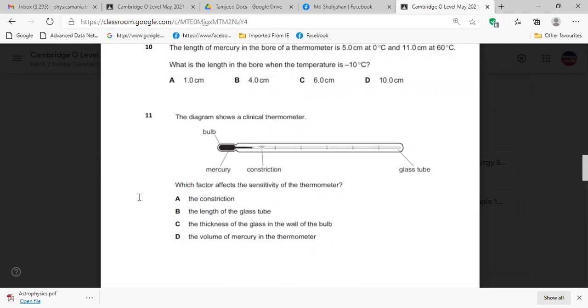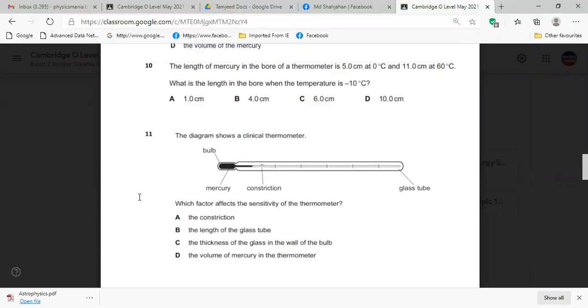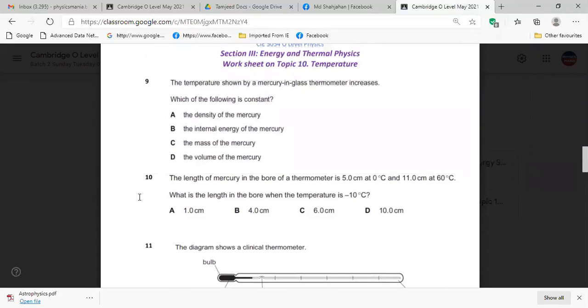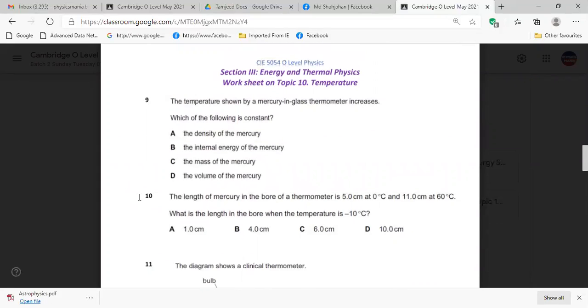Larger bulb, not thicker, larger bulb can contain more volume, right? So, what should be your answer? D. Yes, got it now, right? So that explanation is helping you to get the ideas.